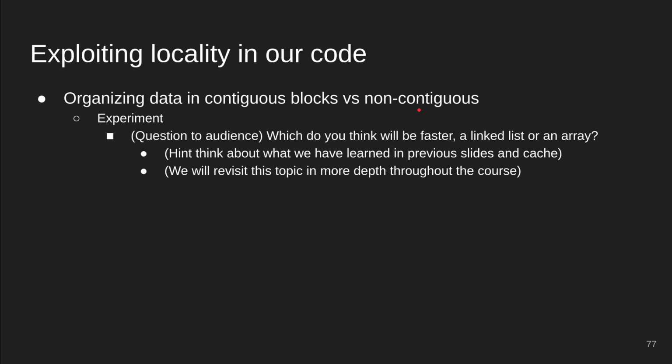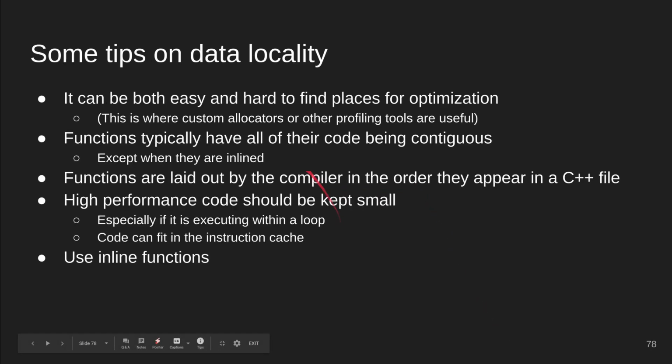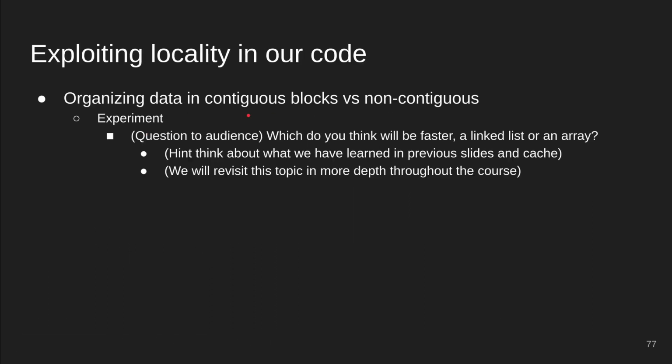Okay, so in order to exploit locality in our code, we often try to organize our data into contiguous blocks versus non-contiguous. So the question for you folks is, which do you think will be faster? Which data structure, a linked list or an array? Okay, I'll let you pause and think about that for a moment. Okay, so if you've paused and thought about it, we will continue, but very likely it is the array, okay?